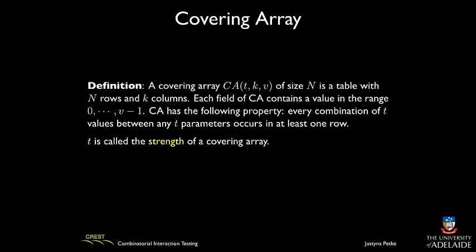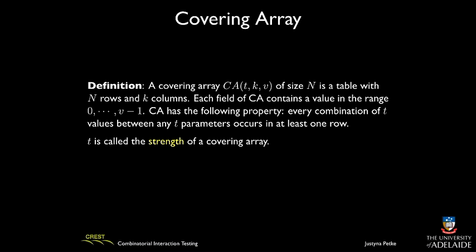So you might remember we had 8 test cases, so that would be a size n, n equals 8. So that's a table with n rows, n test cases, and k columns. Here's the k again. So that's the number of parameters. Each field in this covering array contains a value in the range from, well, these are the different values. So let's say 365 days. So each field in the column has a value somewhere between 0 and 365 or 364. These are small details.